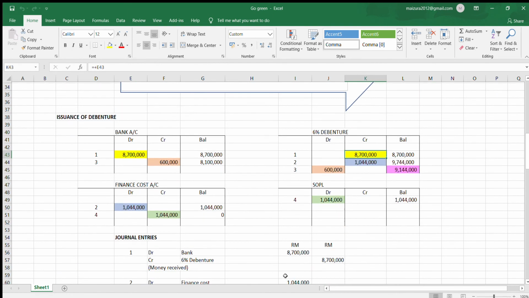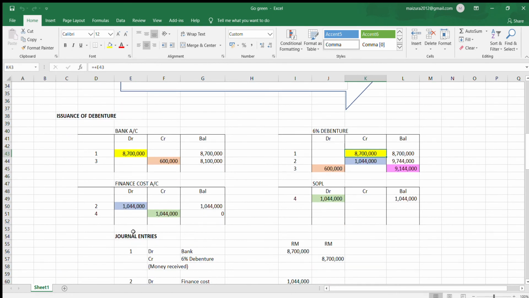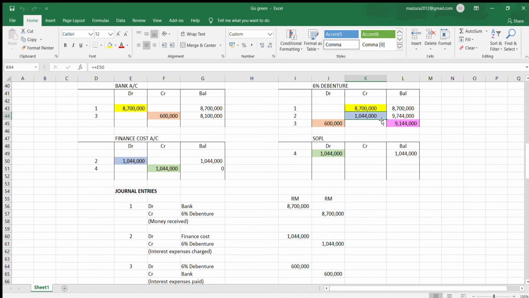This is the interest charge, so it will be reflected in the finance cost and also credited to the 6% debenture. So these two amounts actually belong to the debenture holder.